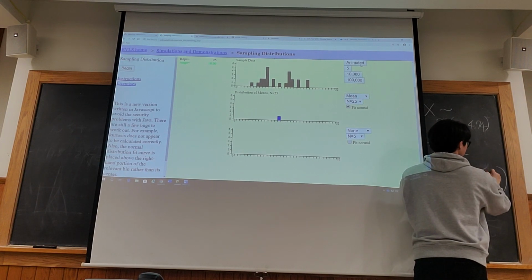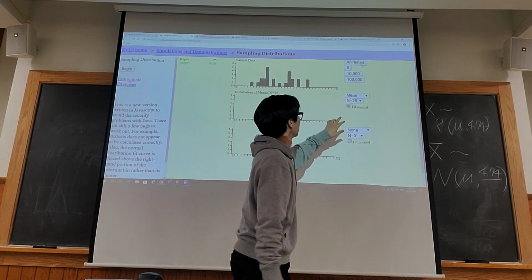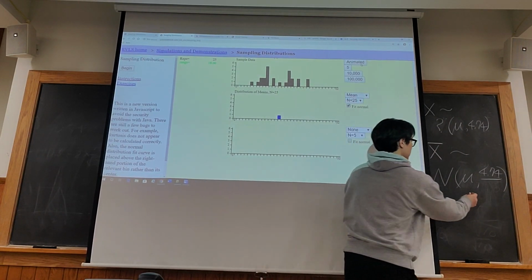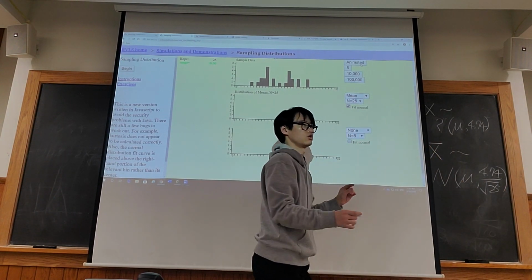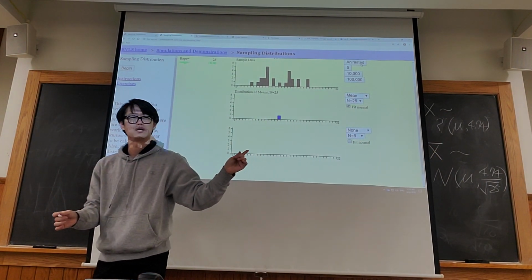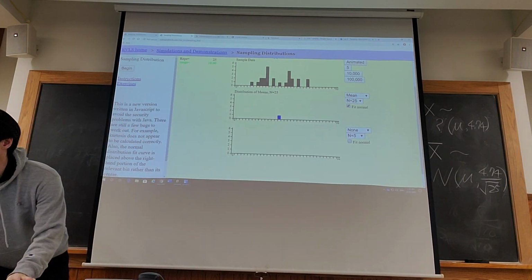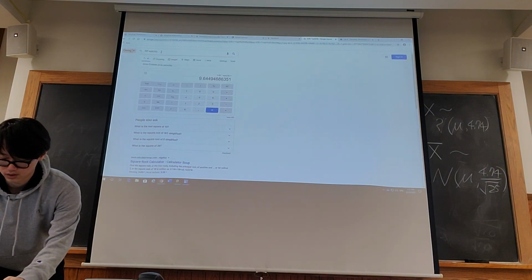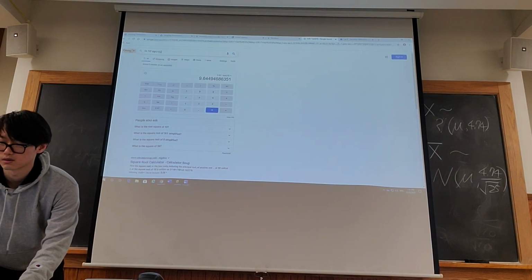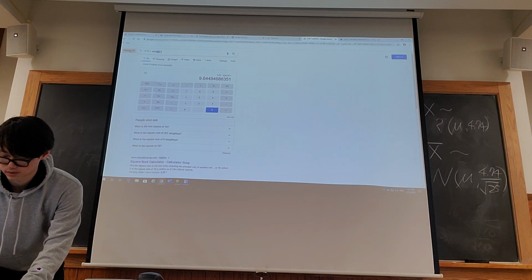The standard deviation will be 4.74 divided by the square root of my sample size, 25, right? So if I calculate the standard deviation of this blue dot, it will be 4.74 divided by the square root of 25, which is just 5.